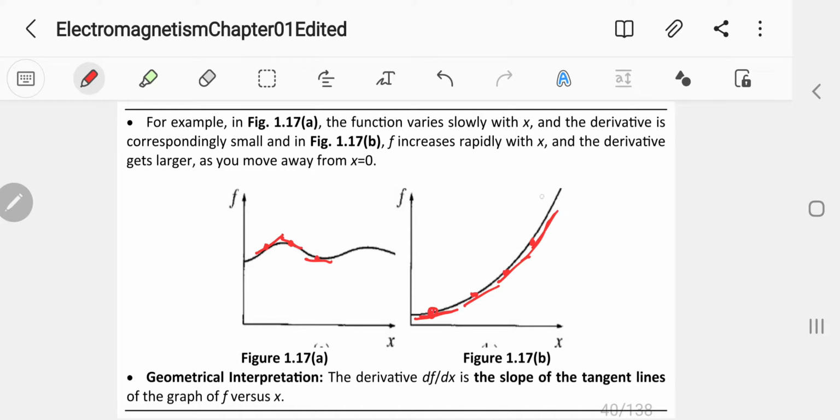So if you go from this point to this point, the change in slope is very drastic. You can see that the slope here is like that, and here is already like that. But here, the change in slope is not that drastic compared to the other one.